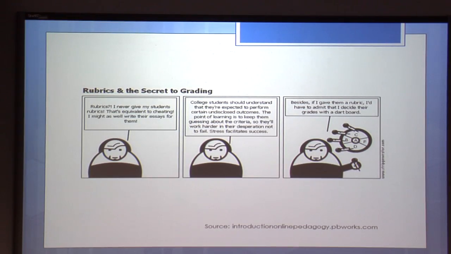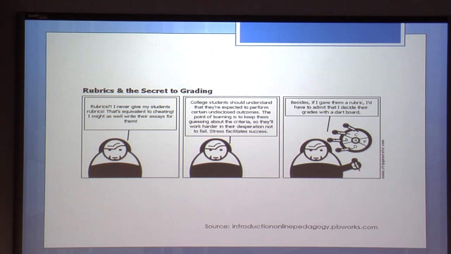I have just a short comic here. It says rubrics and the secret to grading. I don't know if you can see it, but I'll read it to you. The person is saying, rubrics? I never give my students rubrics. That's equivalent to cheating. I might as well write their essays for them.